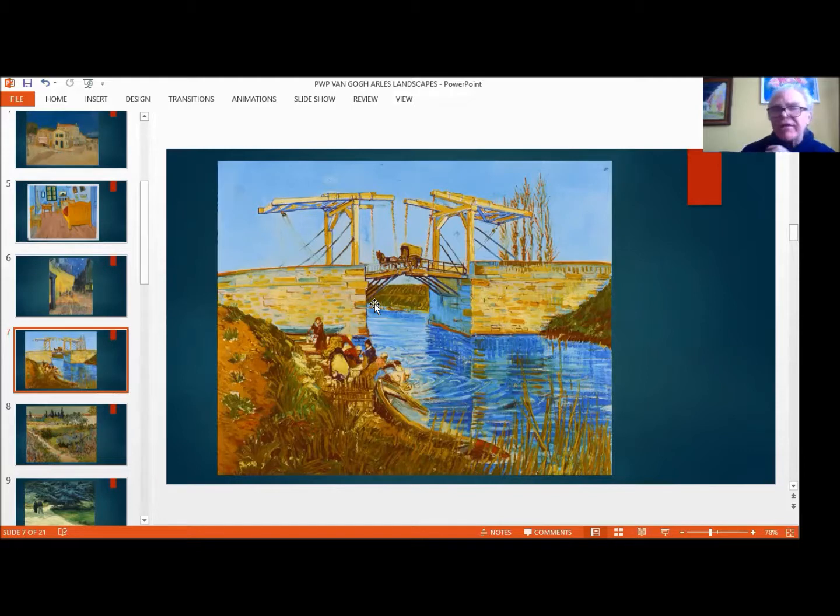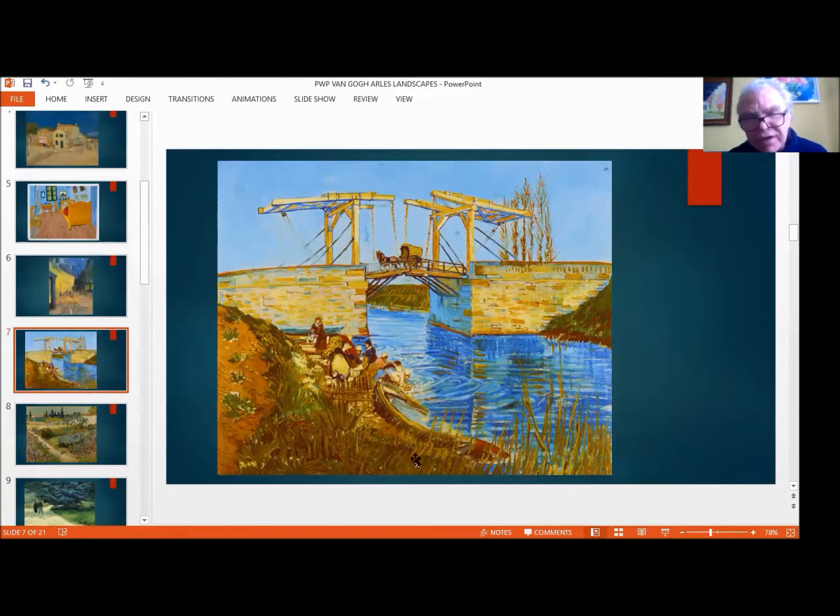But the thing to say about Van Gogh's painting at this time is, as in the previous painting of the bedroom, there's a great respect and attention for the details, the humble details of the everyday.